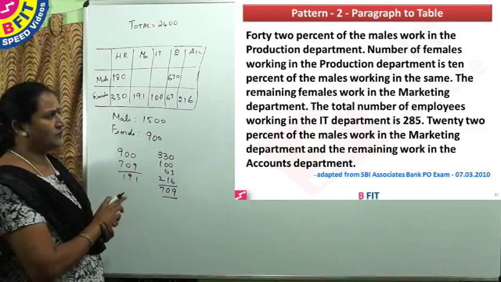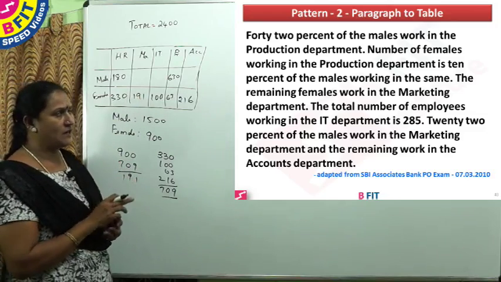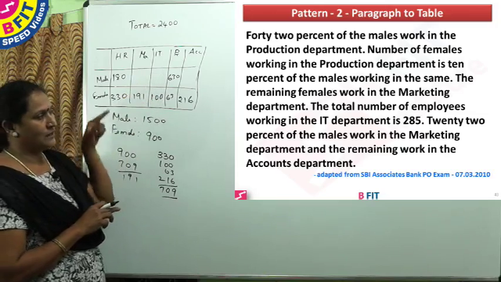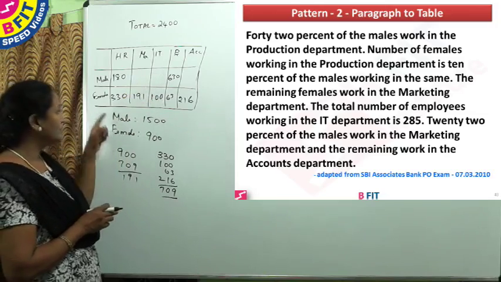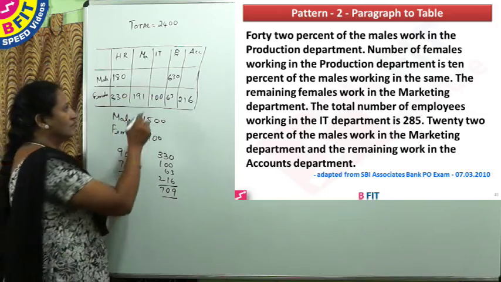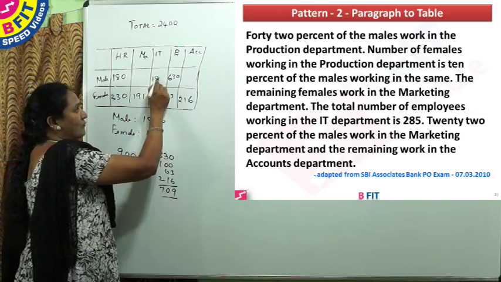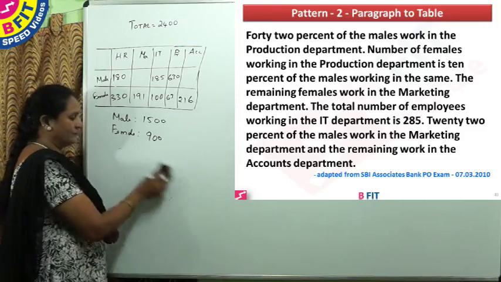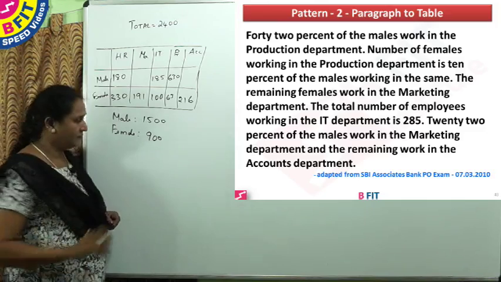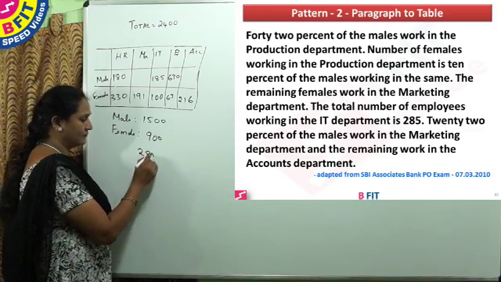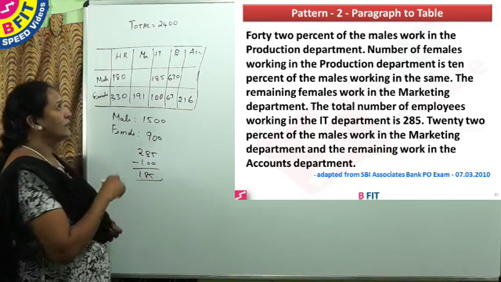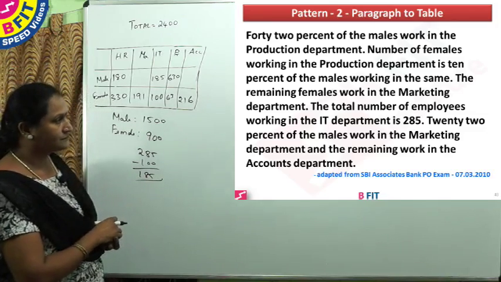Now the total number of employees working in IT department is 285. So in IT department, male and female together it is given as 285. Female is 100, so subtract 100 from 285. It is 185 male in IT department.